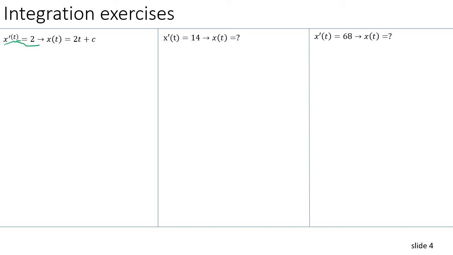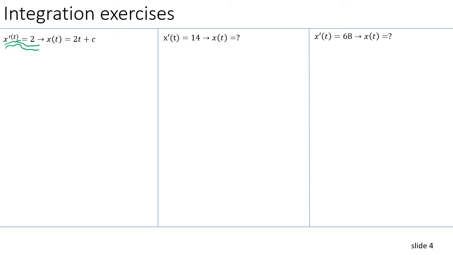We see that the function given to us, this x prime of t, and imagine it as a derivative. And our goal is to try to find a function that this derivative belongs to. The function we're trying to find is, in fact, the integral. Okay, we can imagine that this x prime of t equals 2 as a velocity function. We're trying to find a displacement function.